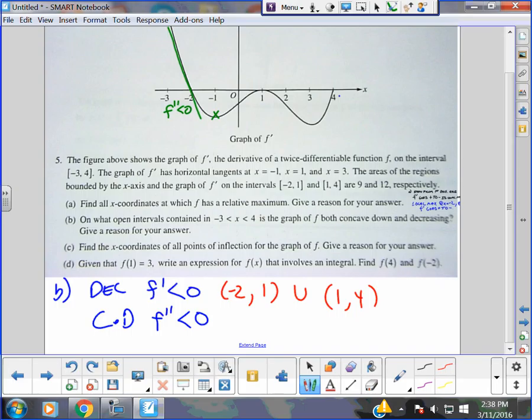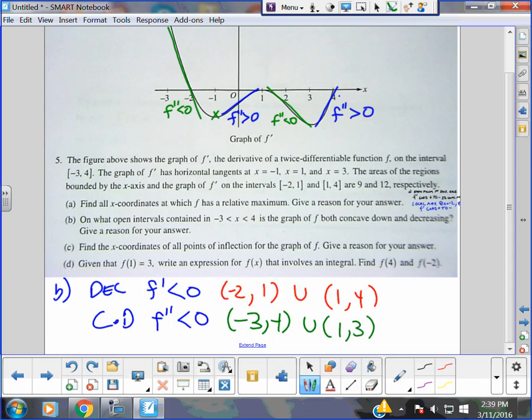Here it's going up, so f prime prime is greater than 0. Going down again here, f prime prime is less than 0. And up here, it's going up, f prime prime is greater than 0. So there are two regions on the graph that are concave down: -3 to -1 and 1 to 3.